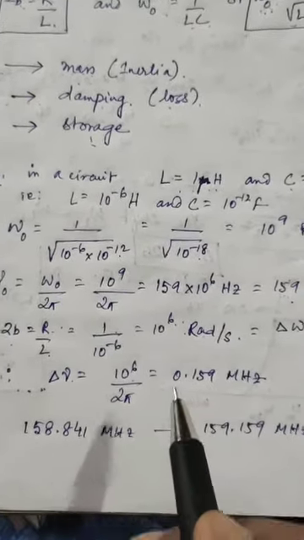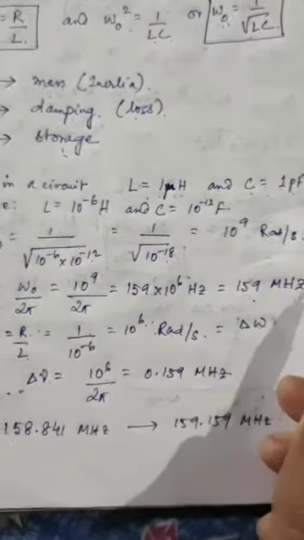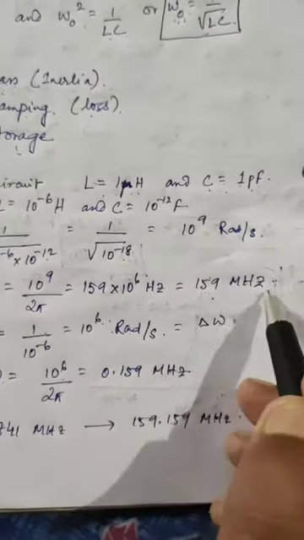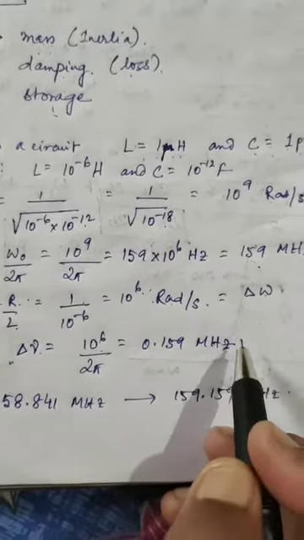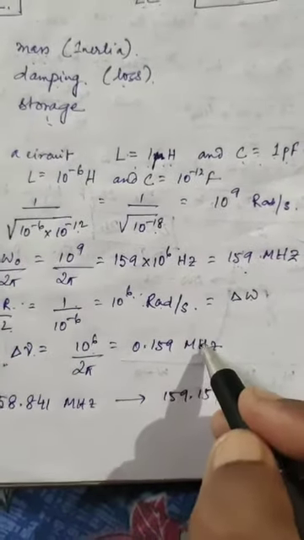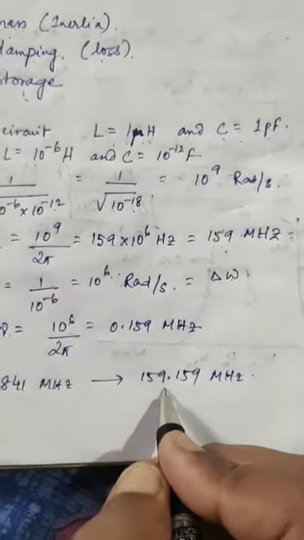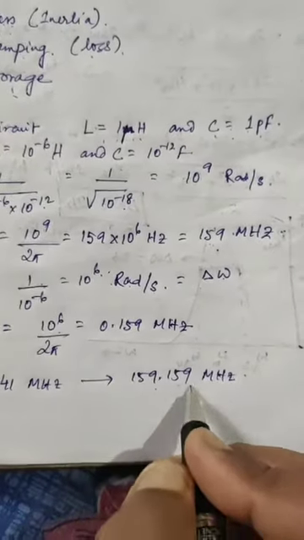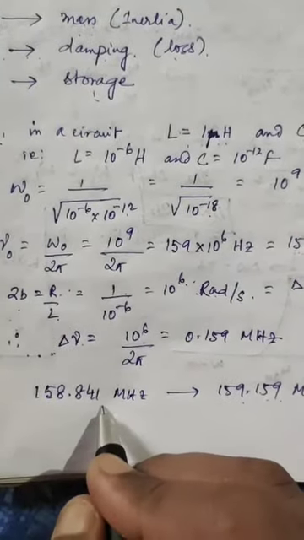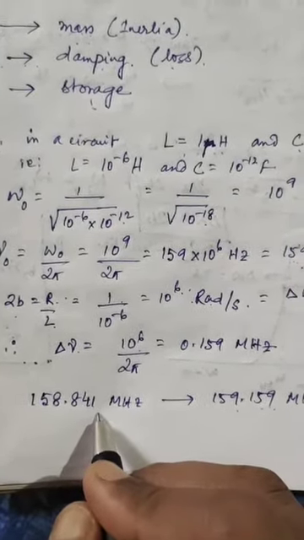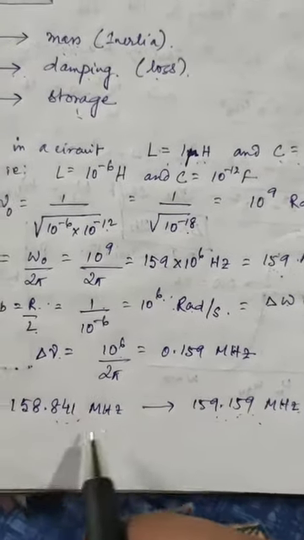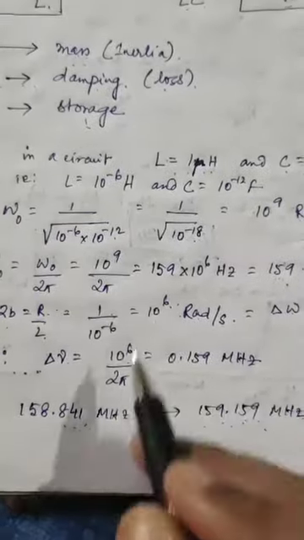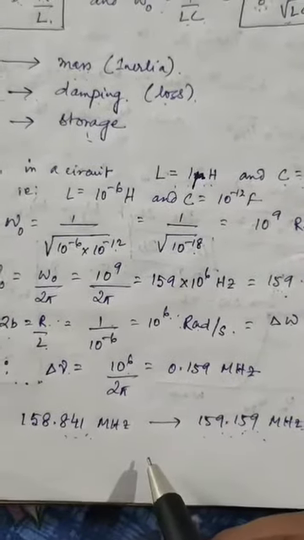So this means that the natural frequency was 159 megahertz and the bandwidth is 0.159 megahertz, which means if I add this, I'll get 159.159 megahertz, and if I subtract this, I'll get 158.841 megahertz. So it is within this frequency range that the power delivered will be maximum.